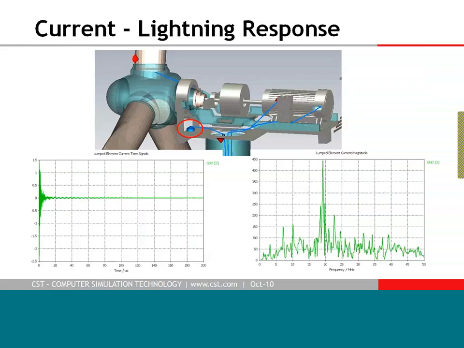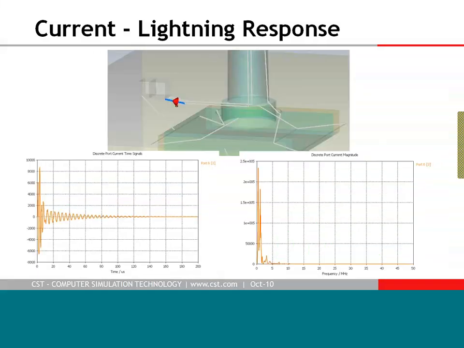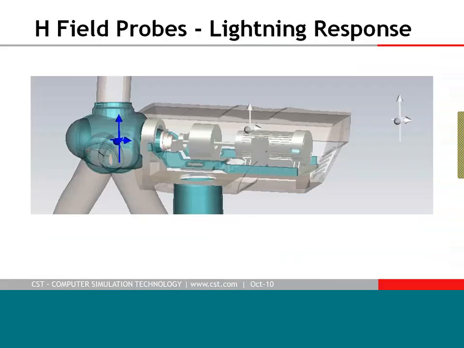And what kind of data can we have? We are able to monitor at a specific point a current going through some lumped elements, and to plot both the time domain response and the frequency domain response. You can maybe move to more critical measurements, so the H field and E field as well.